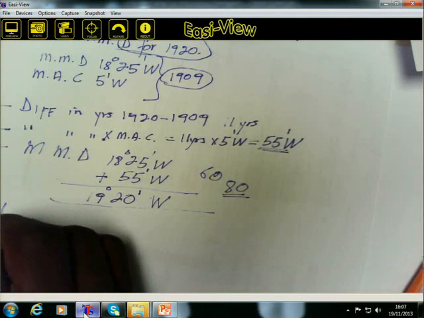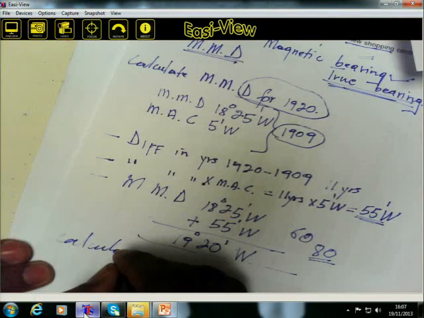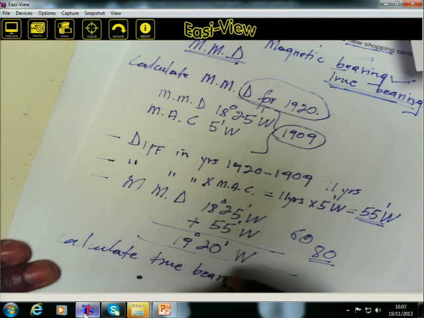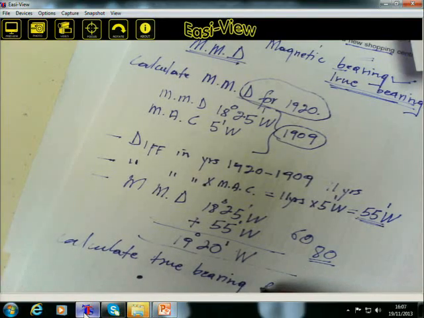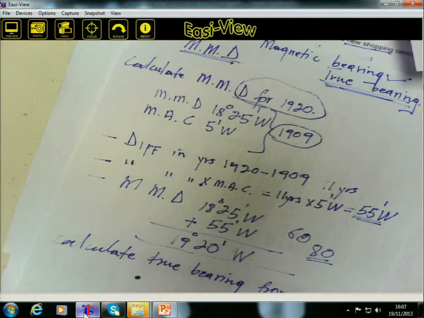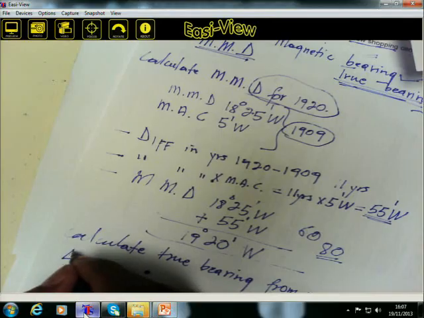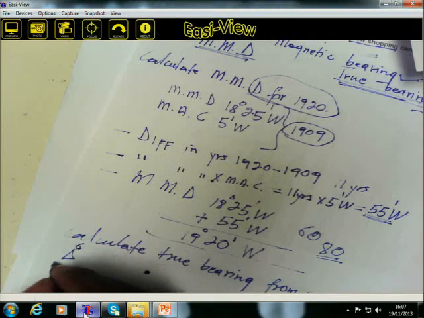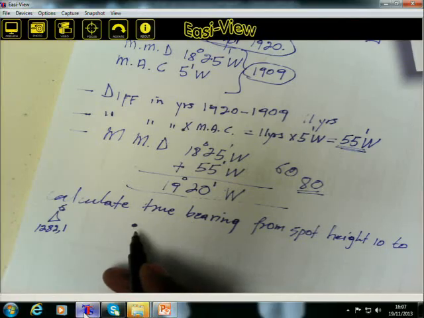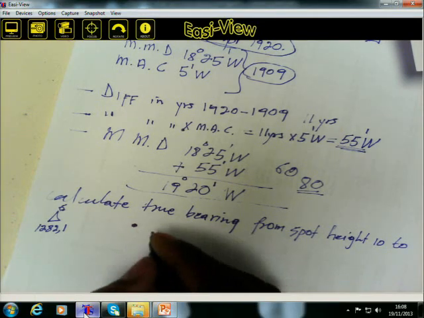Question says, calculate true bearing from spot height 10 to trig beacon 6, height above sea level, let's say it's 1282,1. True bearing from spot height 10 to trig beacon 6.